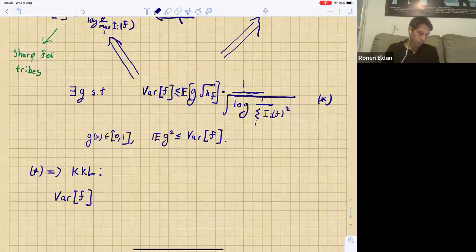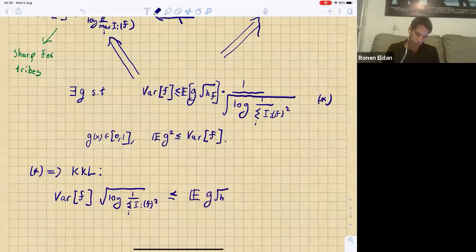So the inequality basically says that the variance of f times root log 1 over the sum of squares of influences is at most the expectation of g root the sensitivity. I just copied the inequality, but now let's use Cauchy-Schwarz.